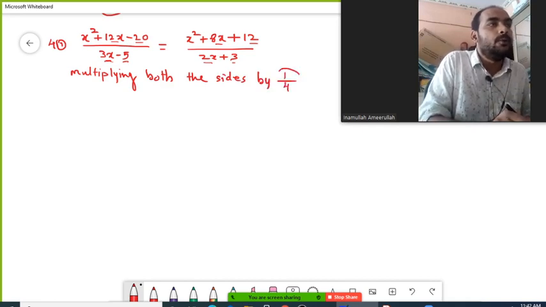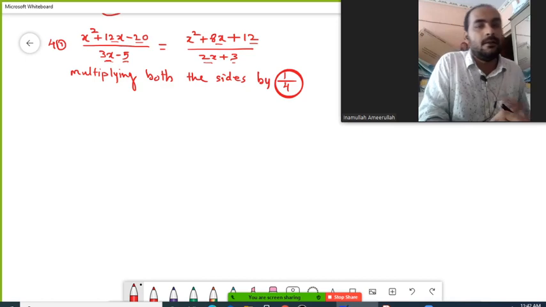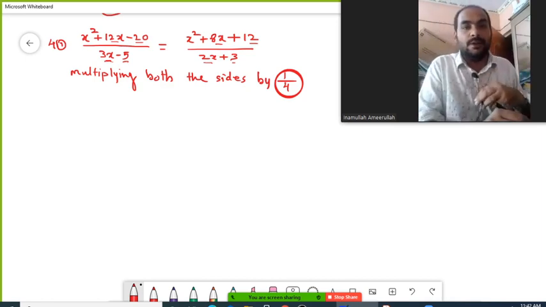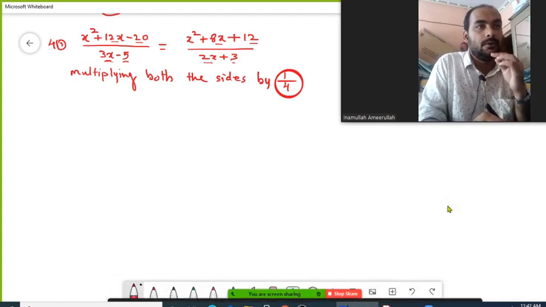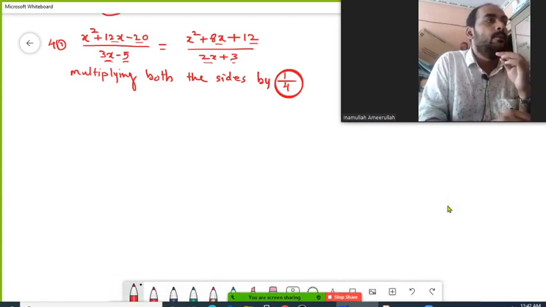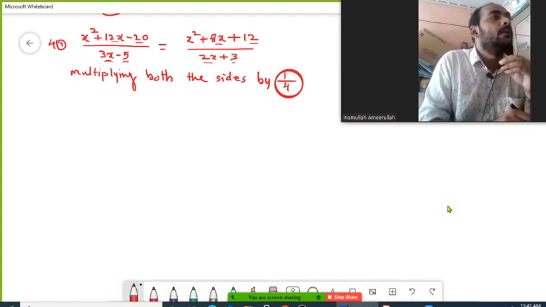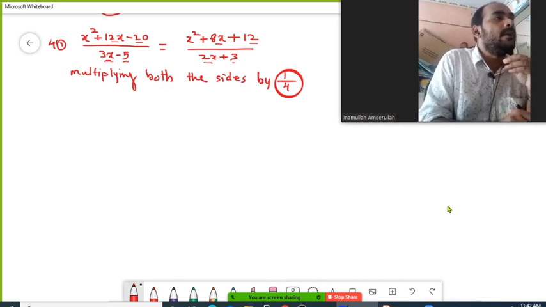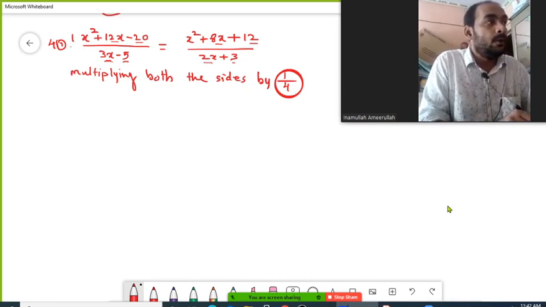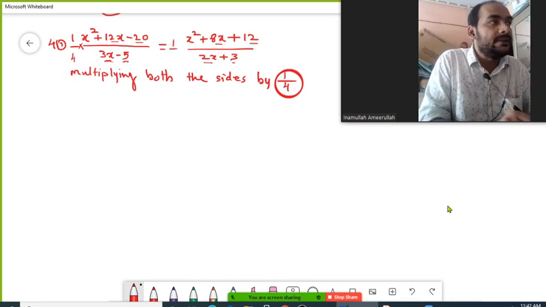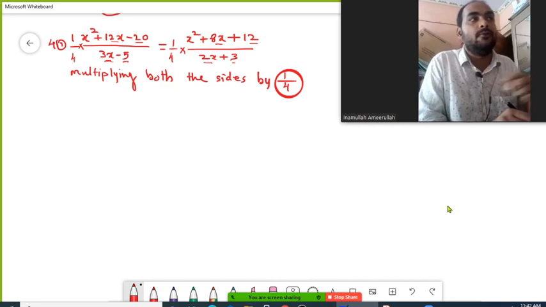So I am going to multiply 1 by 4 on both the sides. When you multiply 1 by 4 here, 1 will multiply with the numerator and 4 will multiply with the denominator. Same we will do on the other side, 1 by 4, 1 by 4.